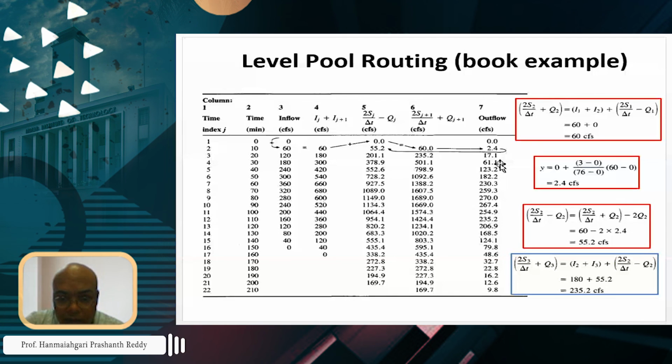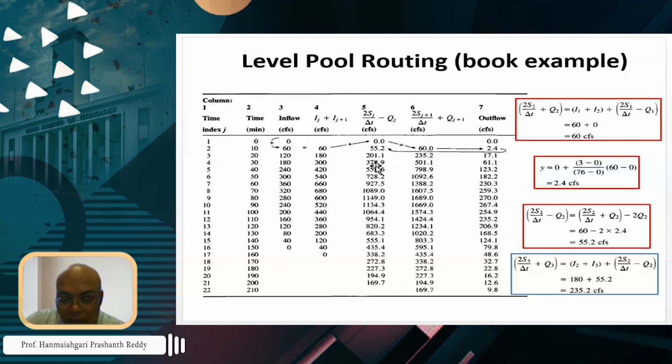We are using this linear interpolation, or either from this curve, we calculate outflow, that is given as 17.1 here. Once 17.1 is calculated, we will calculate this column number 5, that is column 6 minus 2 times 7, that means 235.2 minus 2 times 17.1, that comes to 201.1.